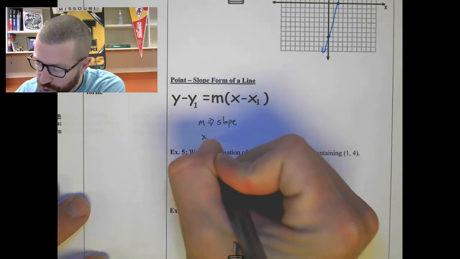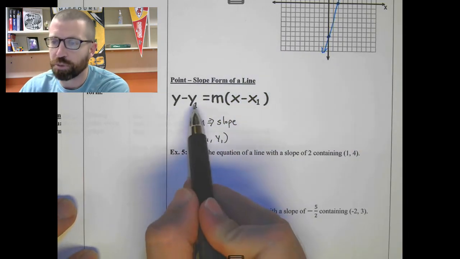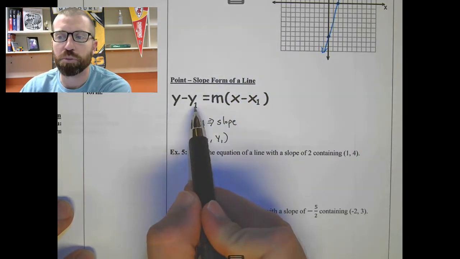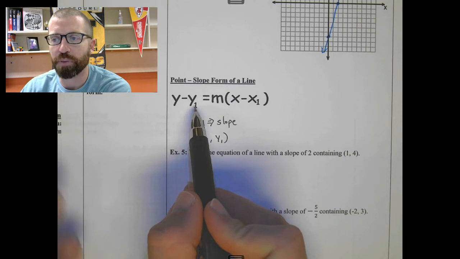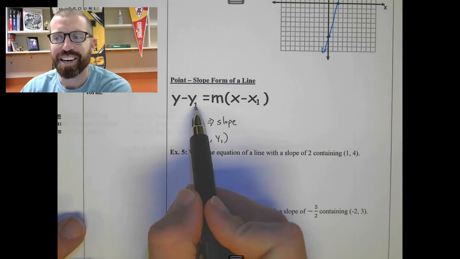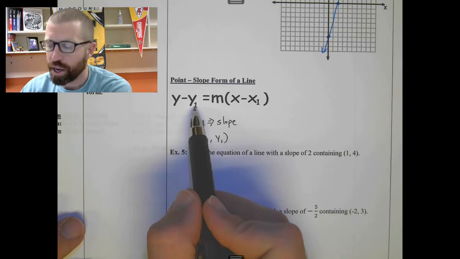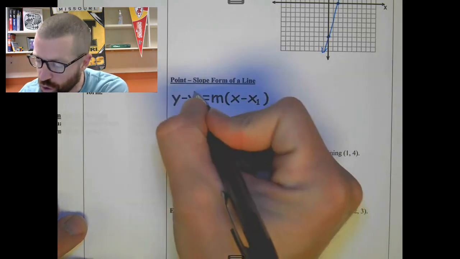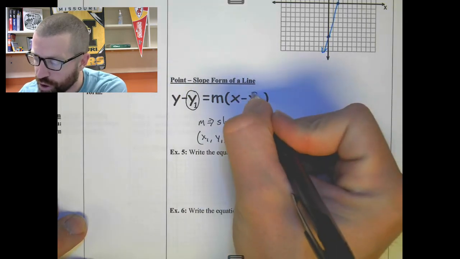So x1, y1. And this little subscript, when the number is below the line, is confusing for people, and it's worth spending some time thinking about. It does not mean something mathematical. So it's not like y times 1. It is the whole variable y1. So it's the way we refer to a point.